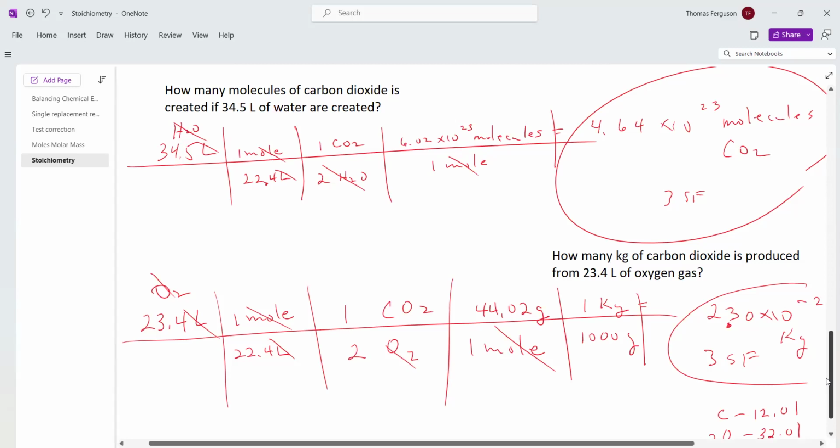The 202. Oh, there's 16 apiece. So actually it should be 32.00. That's from the balanced equation. So go back up to your balanced equation in your notes. Oh, you didn't balance it yet. It's the same equation though.